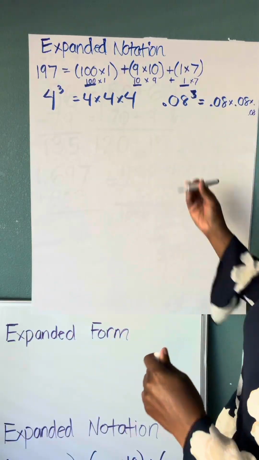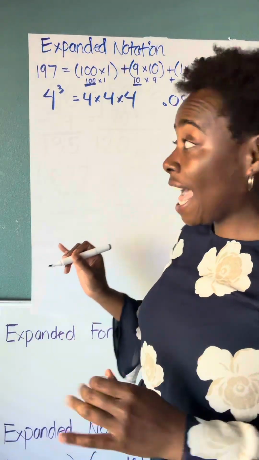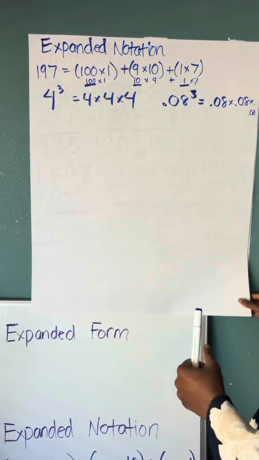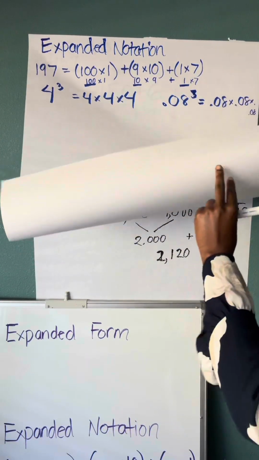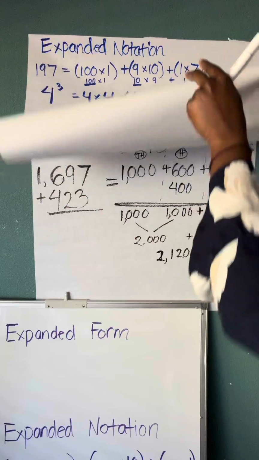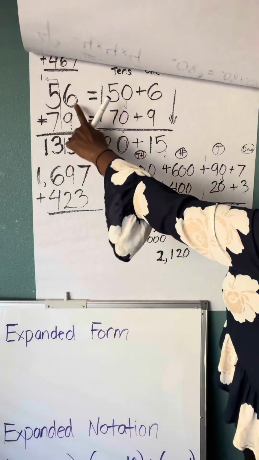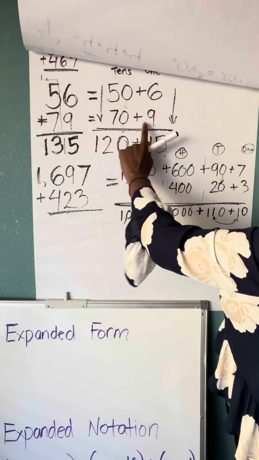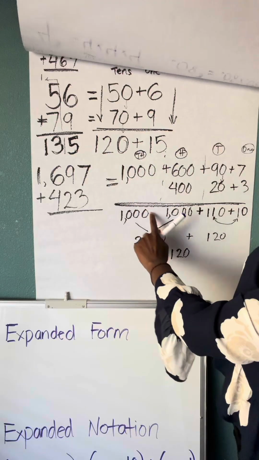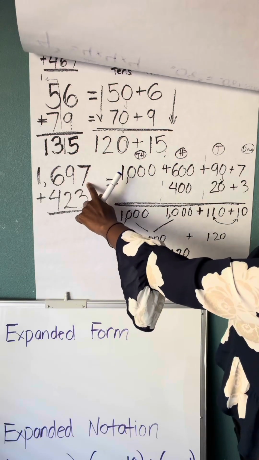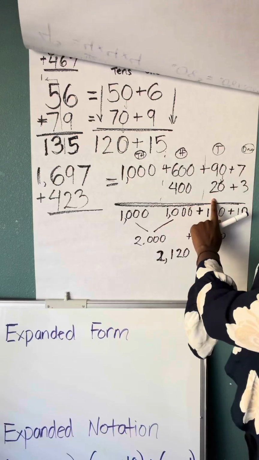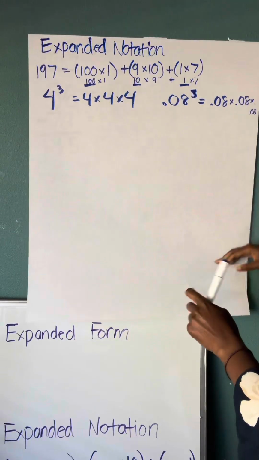Now, we're talking about the box method. I showed you on the previous sheet, and we're running towards the finish line here. I want to hold you for maybe 4 more minutes. We talked about 56 plus 79, we expanded it. 1,697 plus 423, we expanded this. Why is this important?